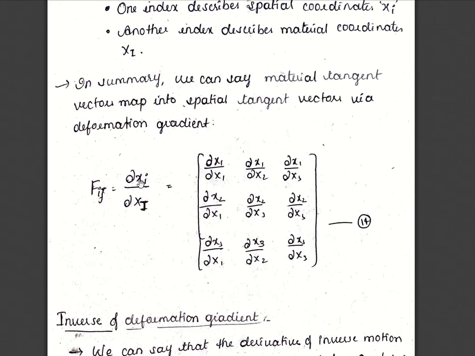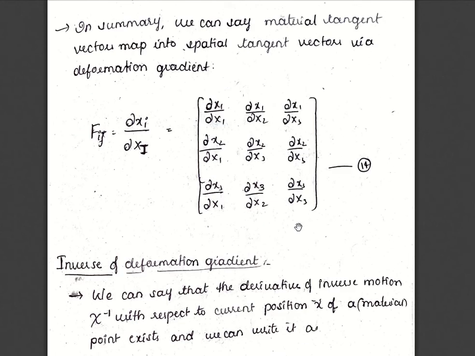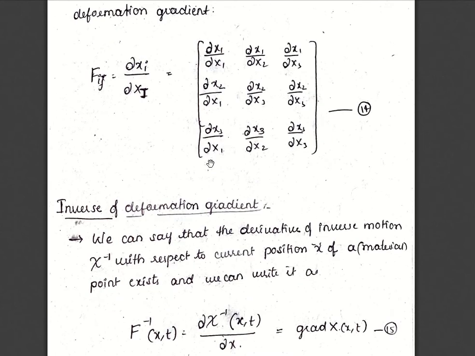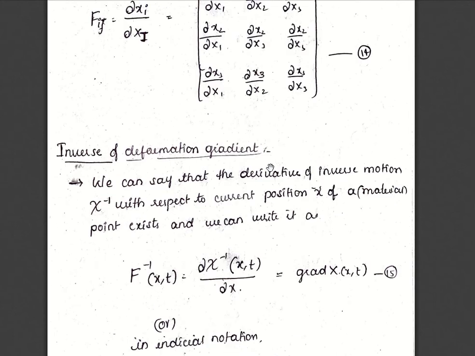We can simply say F i capital J is equal to del xi by del X capital J, and that can be written in tensor form and matrix form as del x1 by del X1, del x1 by del X2, del x1 by del X3, del x2 by del X1, del x2 by del X2, del x2 by del X3, and so on up to del x3 by del X3. So this is how the deformation tensor will be in matrix form.